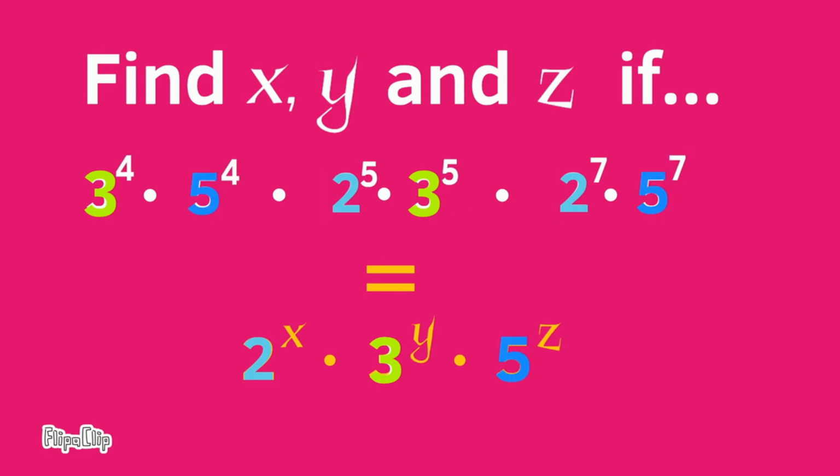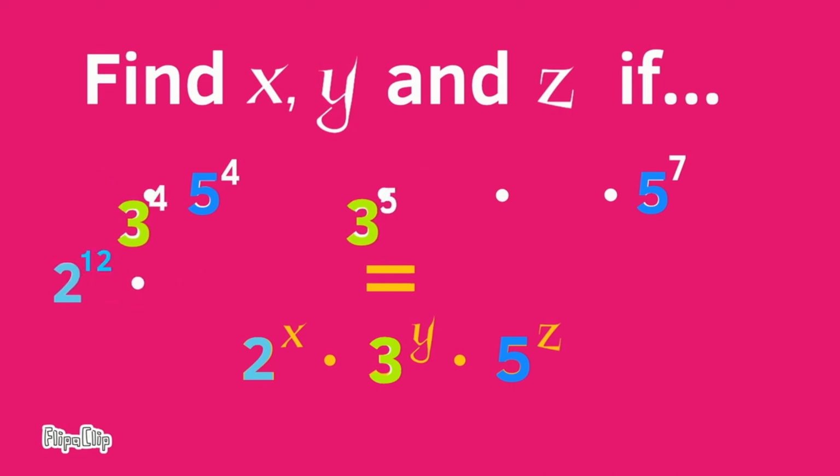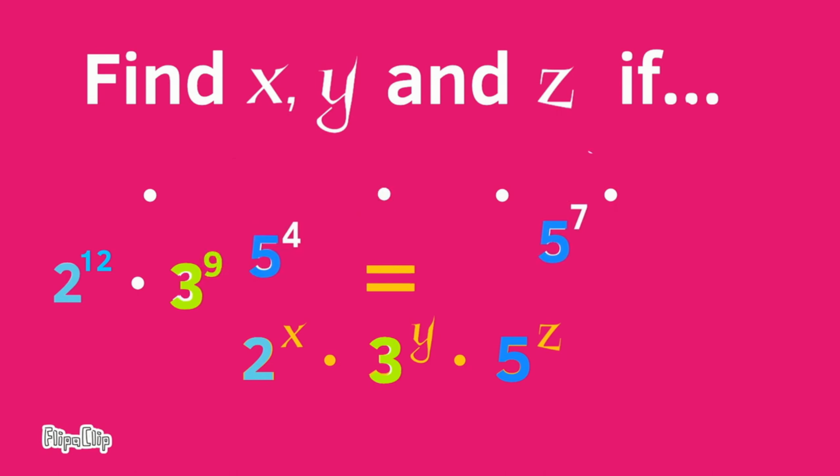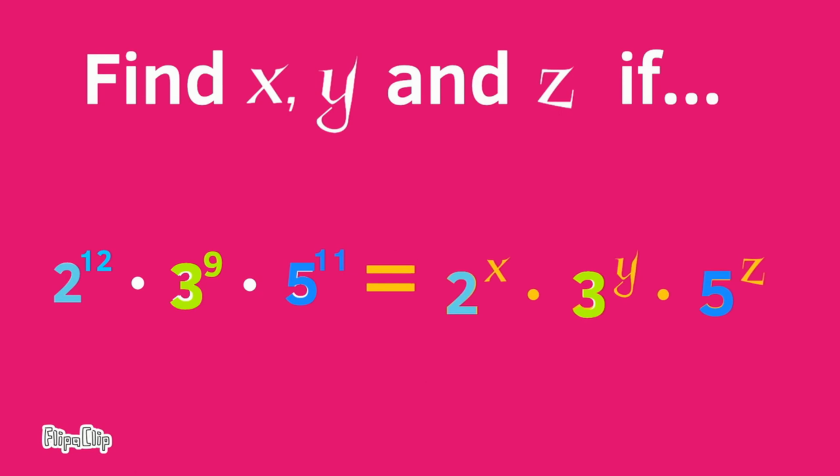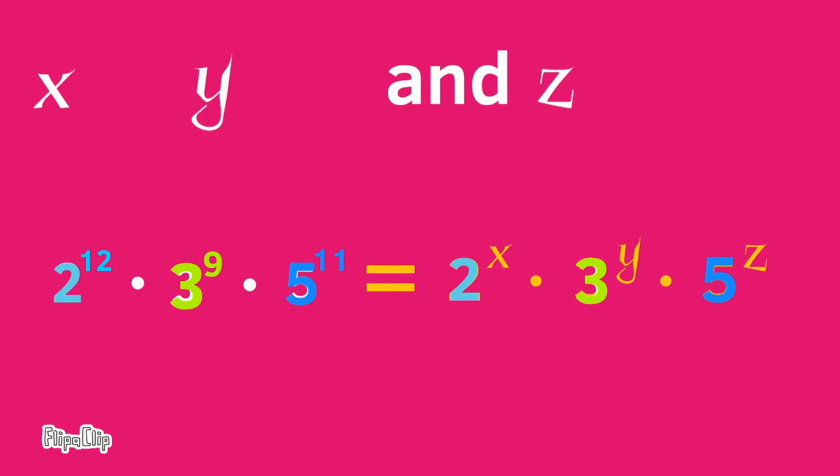Then we can combine the like terms. 2 to the power of 5 times 2 to the power of 7 equals 2 to the power of 12. 3 to the 4th power times 3 to the 5th power is 3 to the 9th power. 5 to the 4th power times 5 to the 7th power is 5 to the 11th power. In this case, the value for x is 12, the value for y is 9, and the value for z is 11.